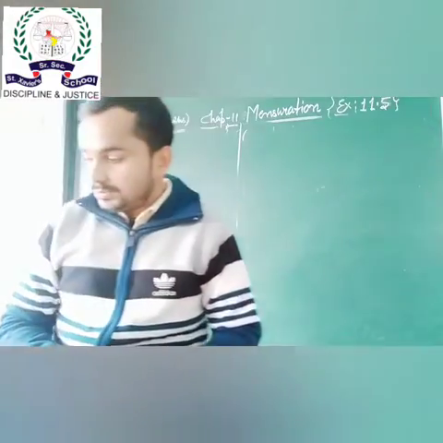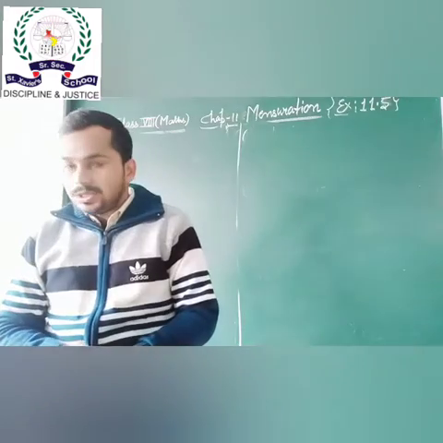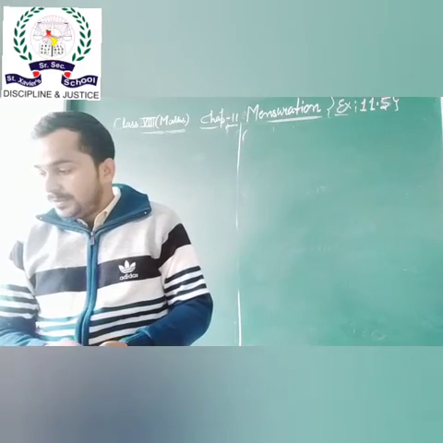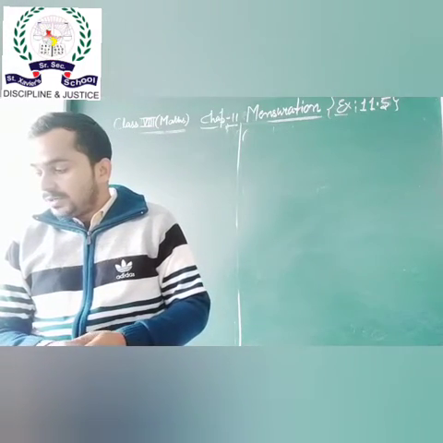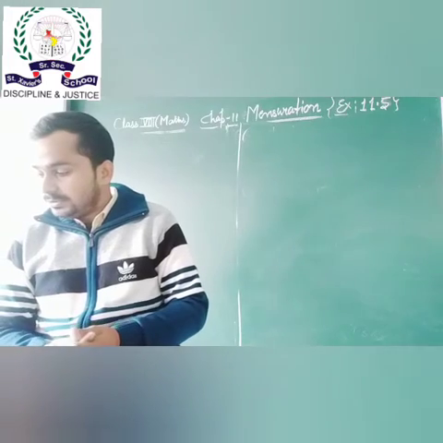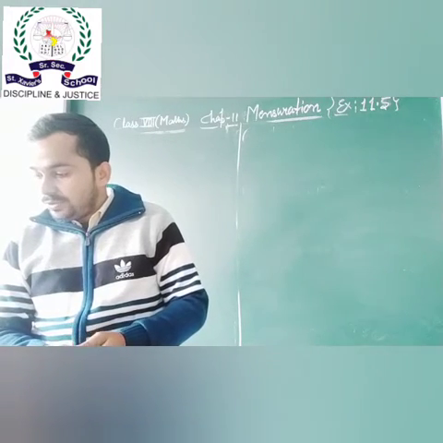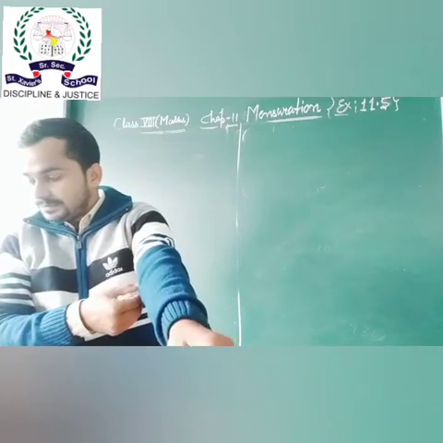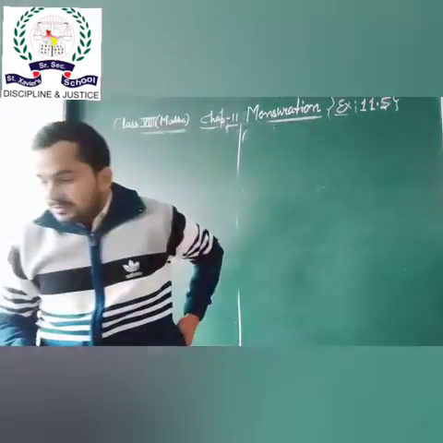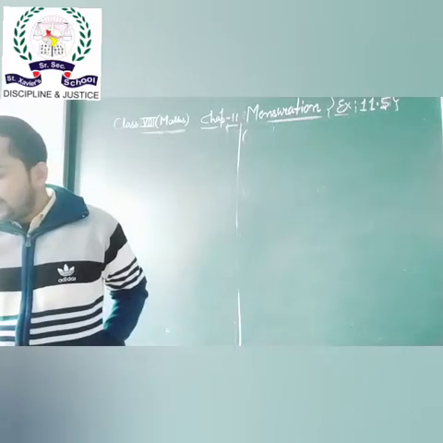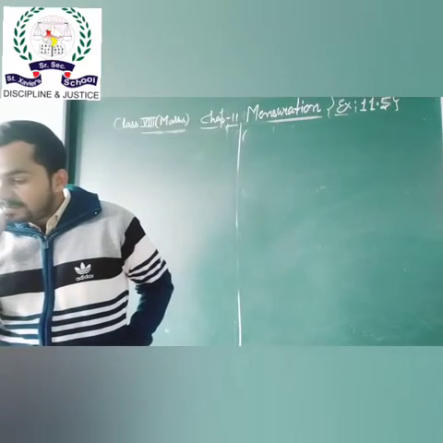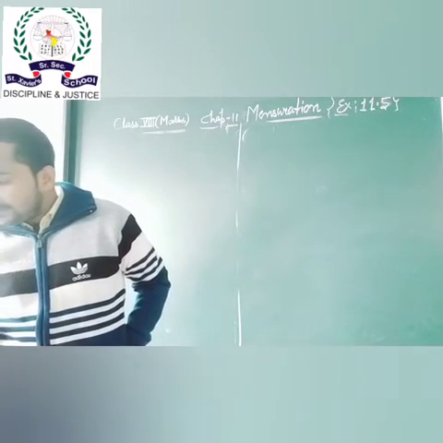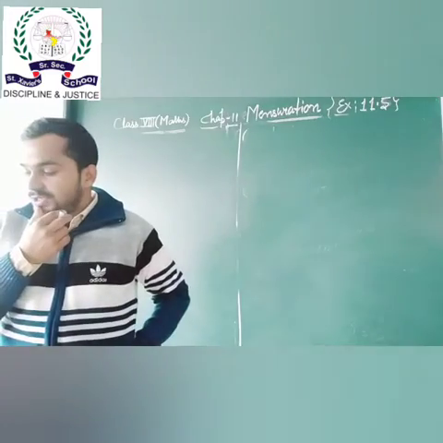Now question number 11. A river 10 meter deep and 100 meter wide, flowing at the rate of 4.5 km per hour. Find how many cubic meter of water run into sea per second. So first we have to find out the distance.